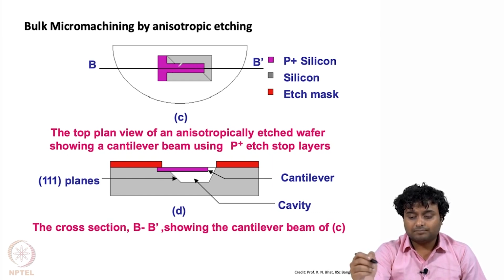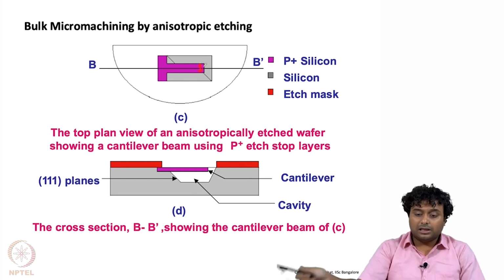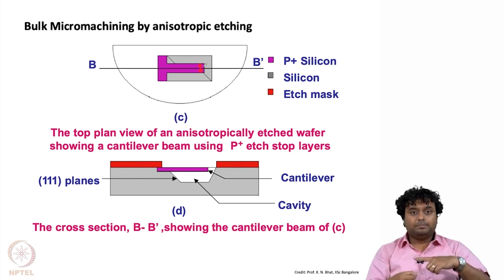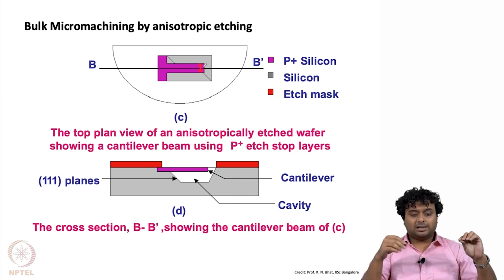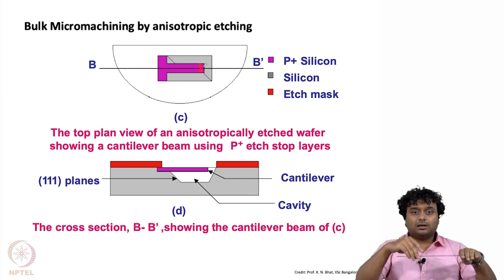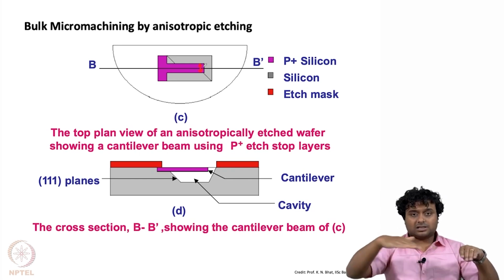So this region will not get etched, but all the sides will get etched. Now as all the sides get etched, the cantilever width is not much, so the liquid can go below it. So let us say this is the cantilever, and it is only doped with boron. So this will not get etched, but all the sides are open.